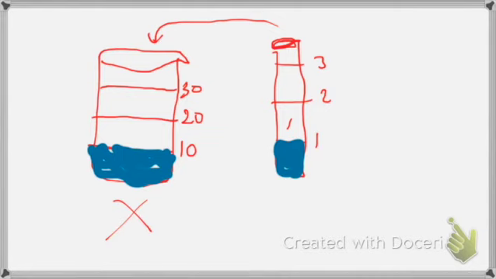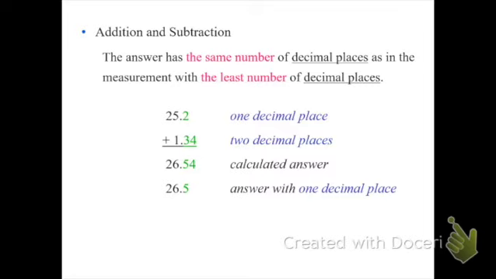It does not move the estimated digit, so it's still going to be the same. That's why when you add 10 plus 0.4, it still comes out to be 10, because you are adding it to an instrument that does not give you any certainty at all. So that's why we end up with the same thing.